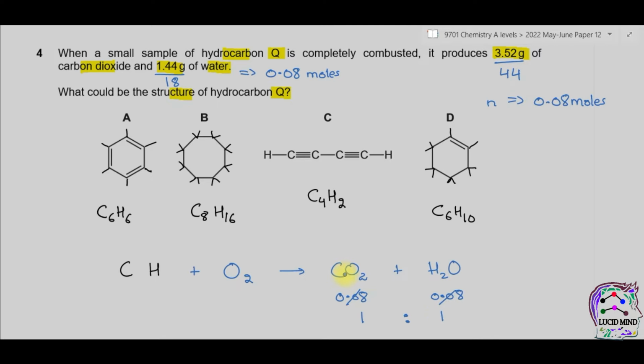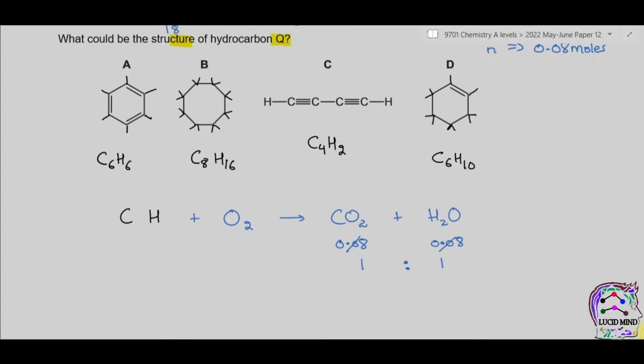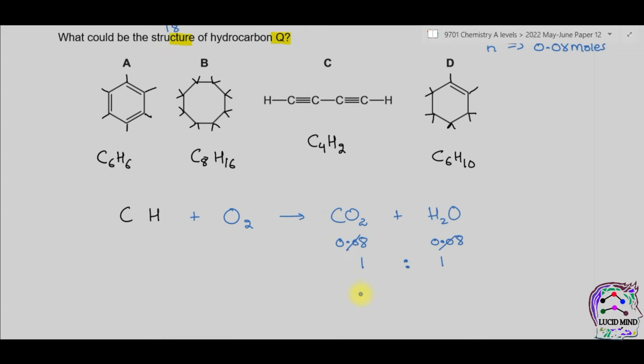So we have 1 mole of carbon dioxide and 1 mole of water. Now in 1 mole of carbon dioxide we have a single carbon, in 1 mole of H2O we have 2 hydrogen atoms. So we can say for each carbon there must be 2 hydrogen atoms in order to balance the equation.